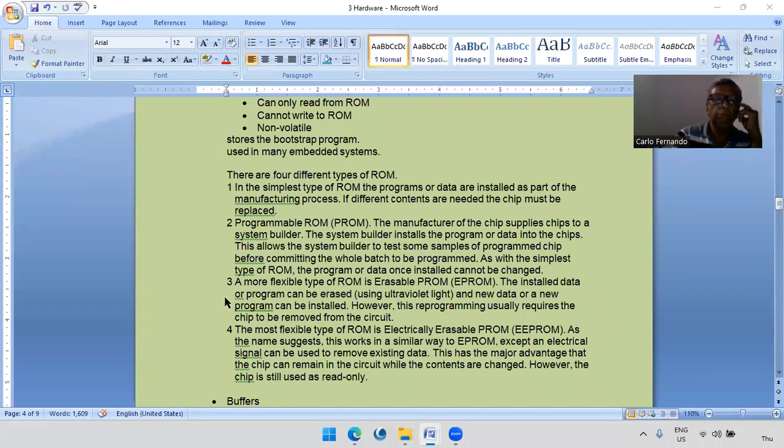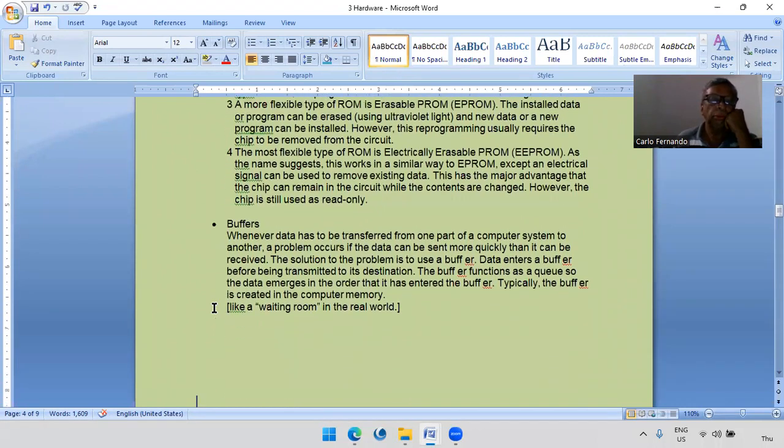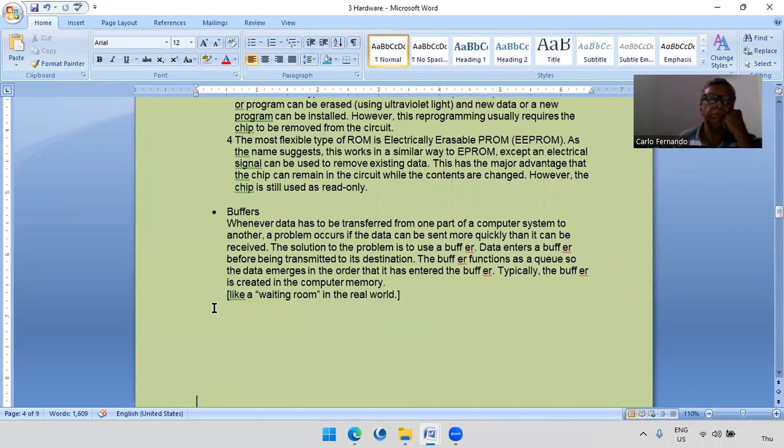Then we go into buffers. As I told you before, a buffer is a temporary storage area. Whenever data has to be transferred from one part of a computer system to another, there are many instances of transferring data from this place to that place.